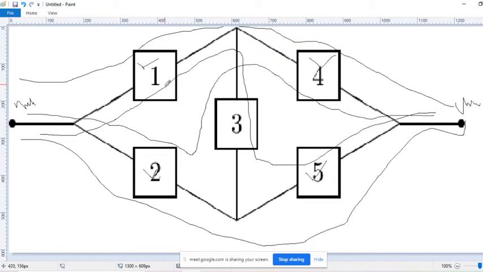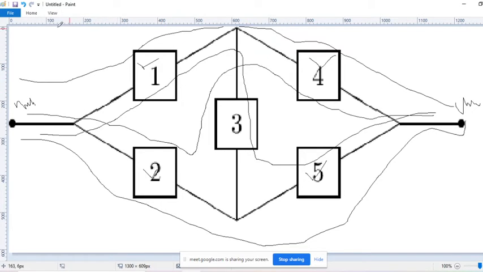For example, if all the nodes are active, the signal can go through all the nodes and reach the destination simultaneously. But keep in mind, these are very important paths.